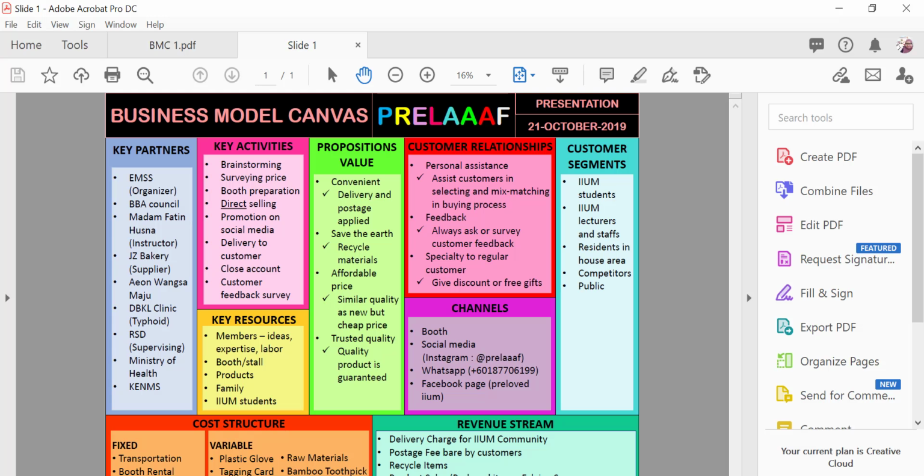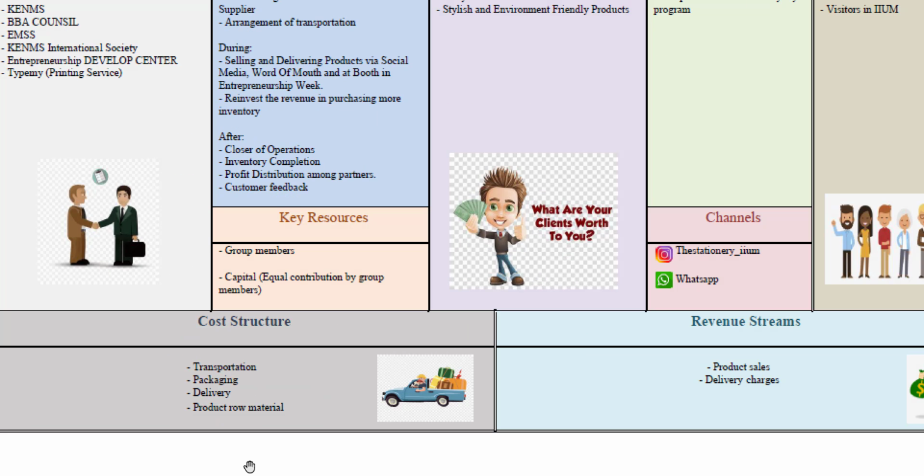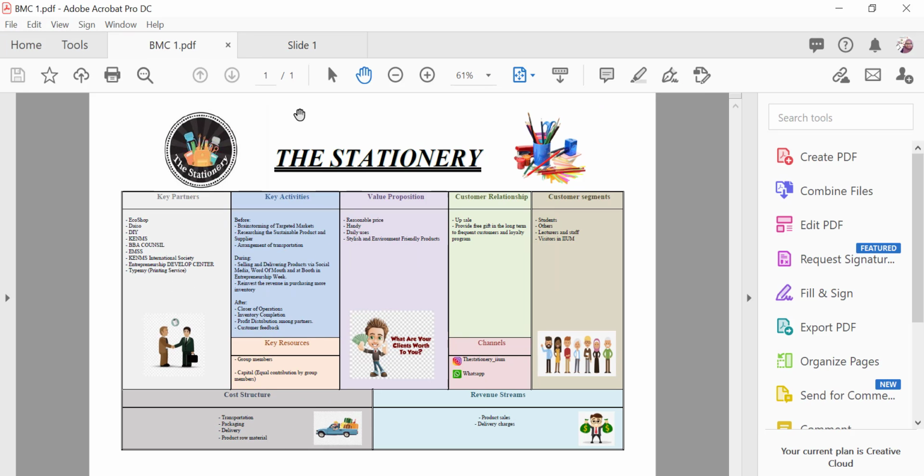As you can see here, this group has two deliveries. One is on cost structure and the other one is revenue stream. This one is delivery from their supplier to them, and this one is the delivery charges that they put on their customer. So this one adds money, and this one is taking their money out.